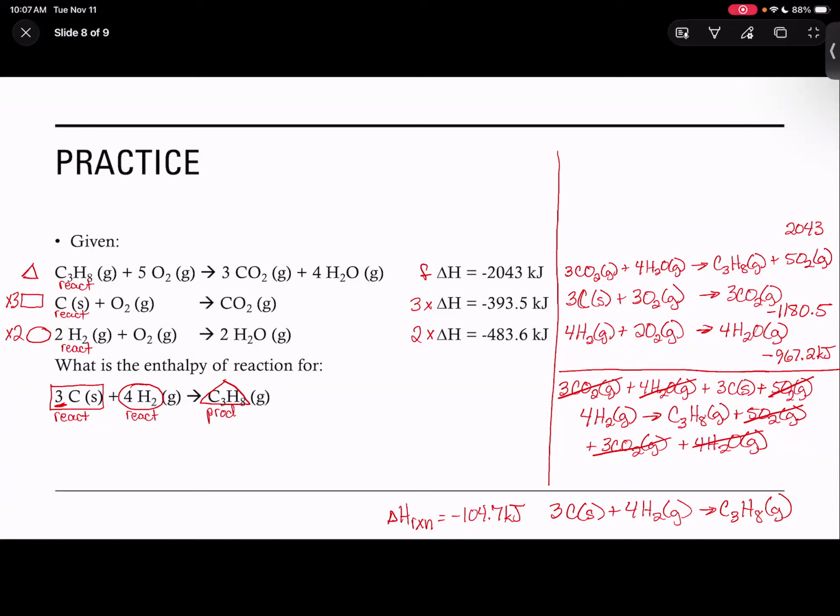Now, you may only have 2 equations instead of 3. The 2 examples I gave you had 3, but you can have 2 equations, you can have 4 equations, you can have multiple equations. The process is the same. Do a step-by-step analysis and make them match.